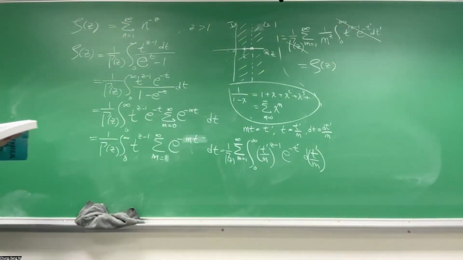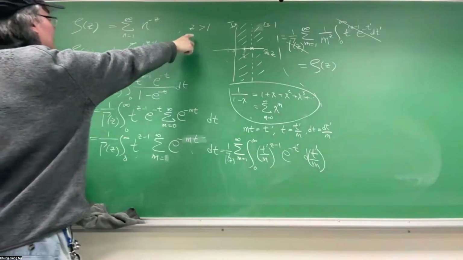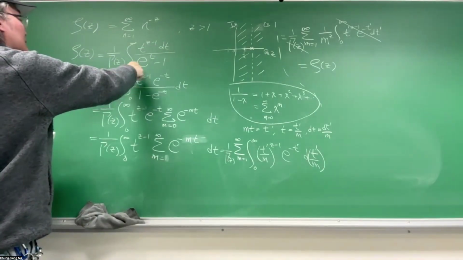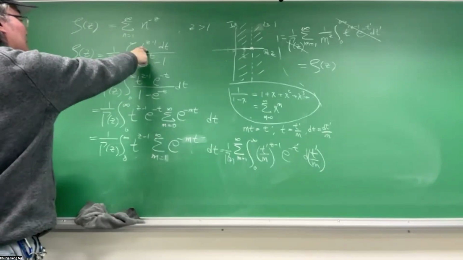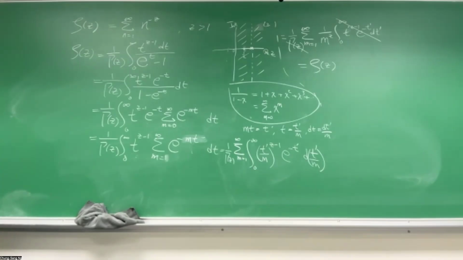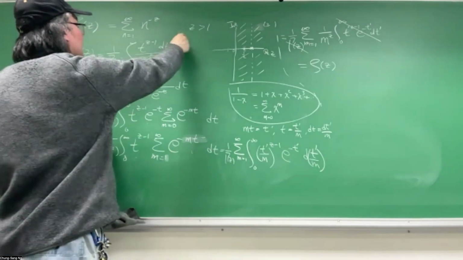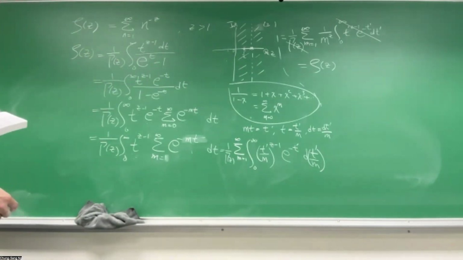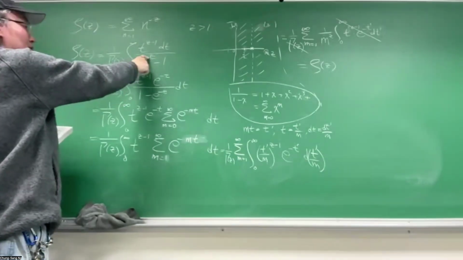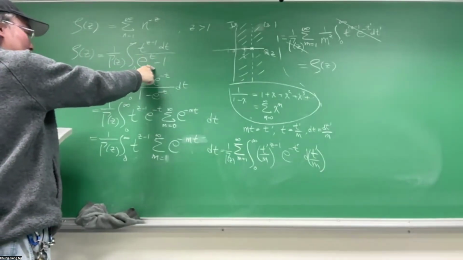This integral also has a limitation, because when t equals 0 you want the integral to be convergent and well defined. So you require z greater than 1. It's not so apparent, because when t goes to 0 there's another singularity here.